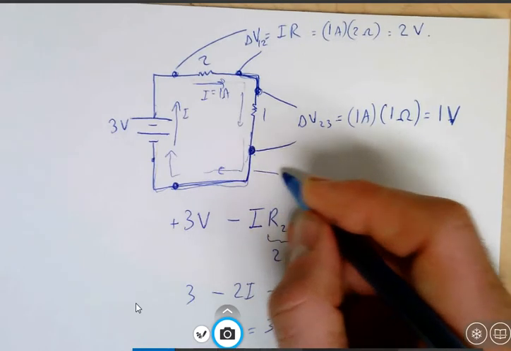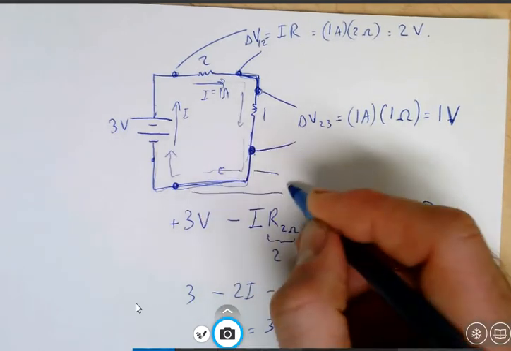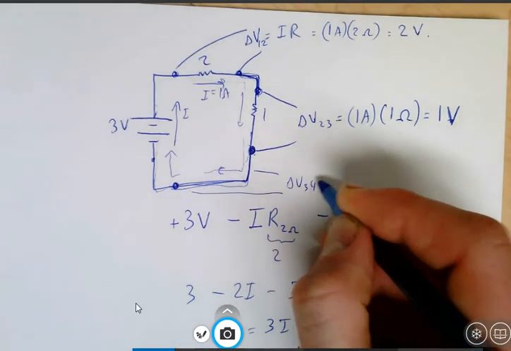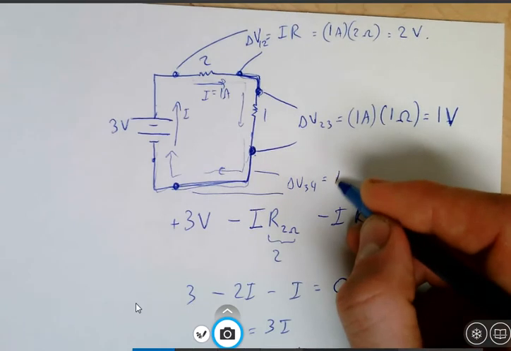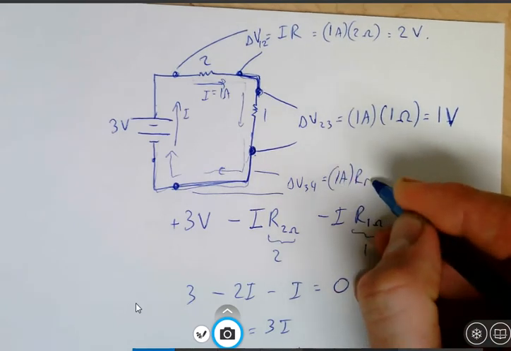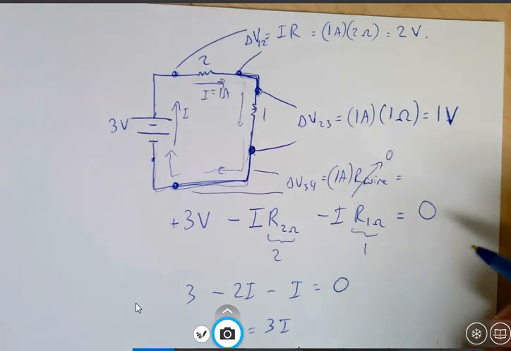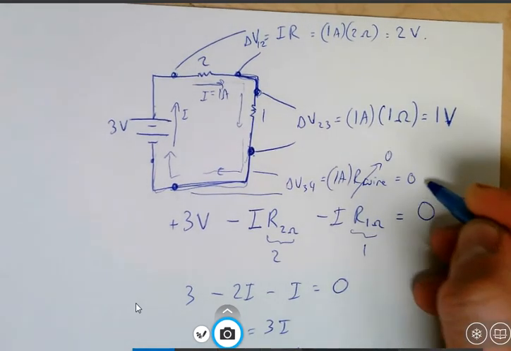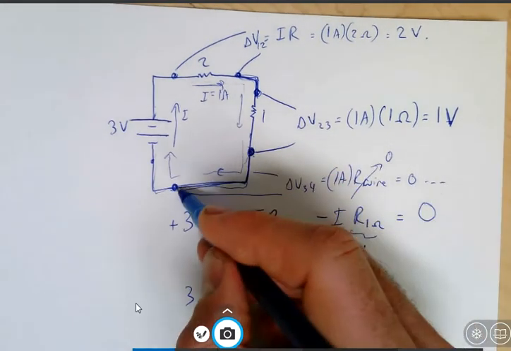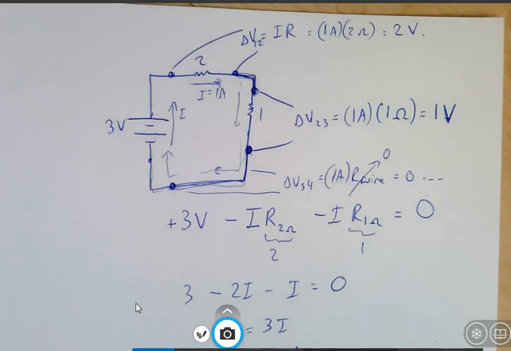You could say the voltage drop between points 3 and 4 is equal to 1 amp times the resistance of the wire. That's actually true, but the resistance of the wire is so small that we're going to consider it to be almost zero. So we can say that the difference in voltage between these 2 points is basically zero.